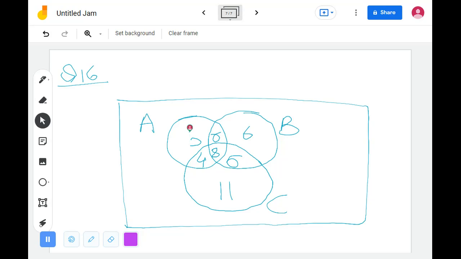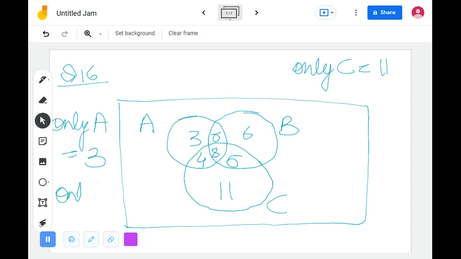Now we have to find only C. We can clearly see here, only C is just 11. If they had said to find only A, then only A is 3. And if they said only B, then only B is just 6.